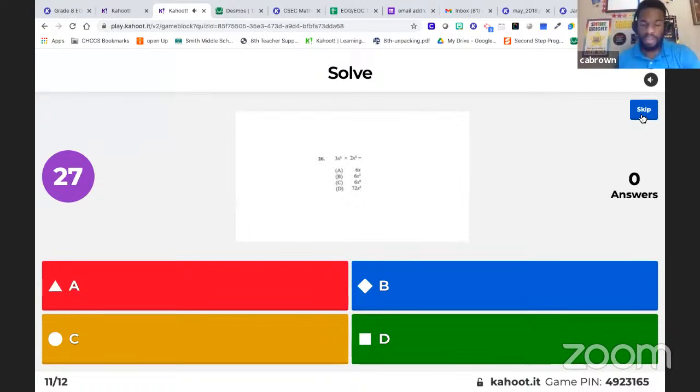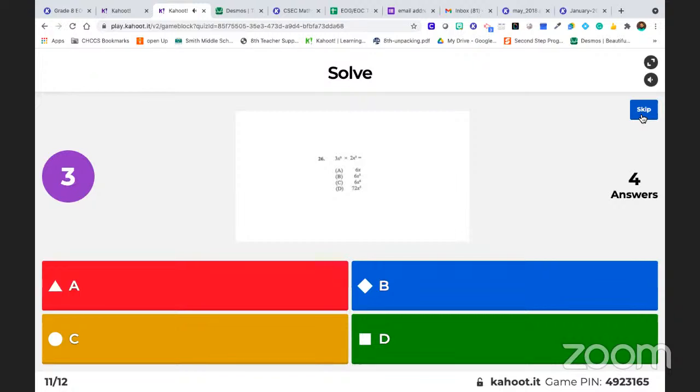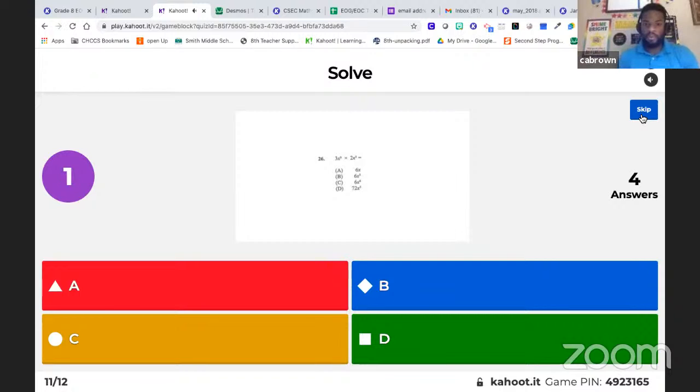All right, might be a little bit small, but I'll read it for you. 3x squared times 2x cubed. Sir, what is B saying? 6x to the 5th power.